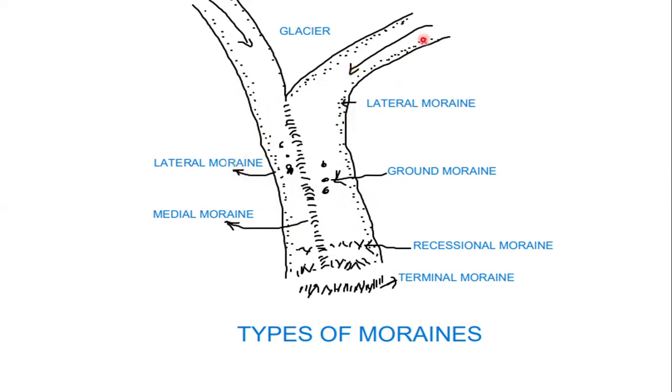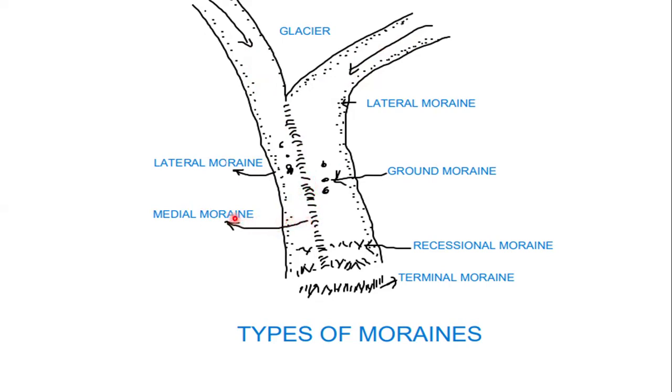Medial moraines. When two glaciers unite, medial moraines are formed along the line where the two glaciers meet, and their lateral moraines join together. These are the medial moraines.